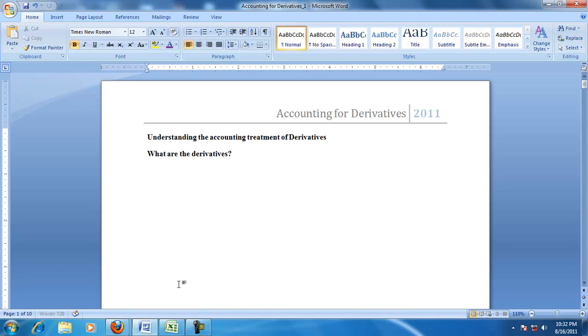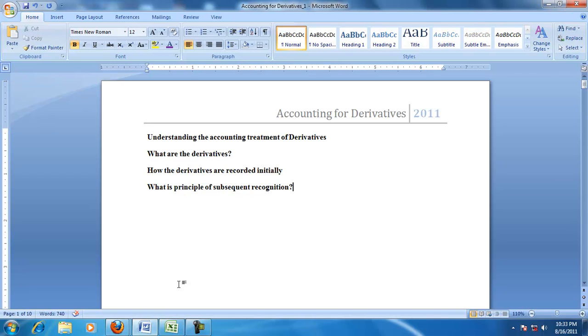How are derivatives recorded initially, that is, initial recognition? And what is the principle of subsequent recognition? This is the focus of our discussion in today's session.